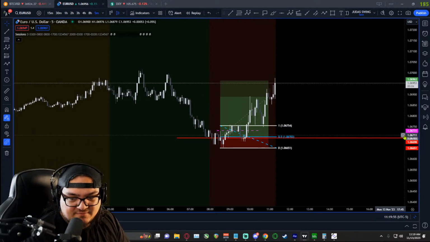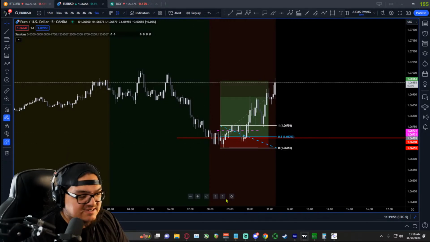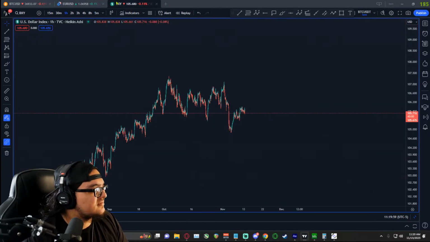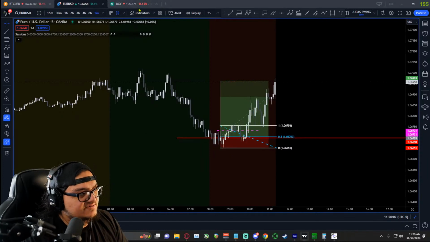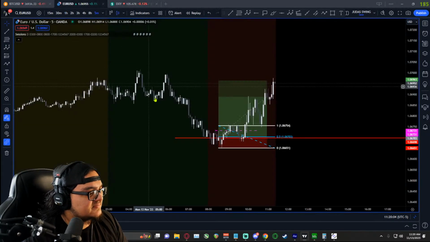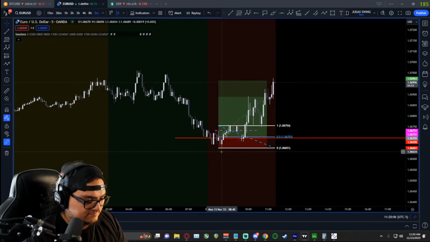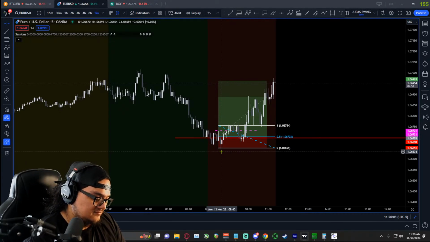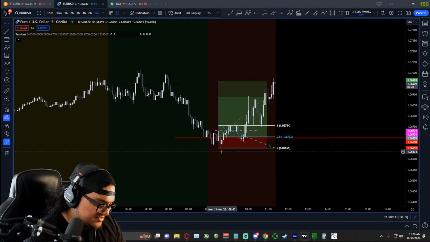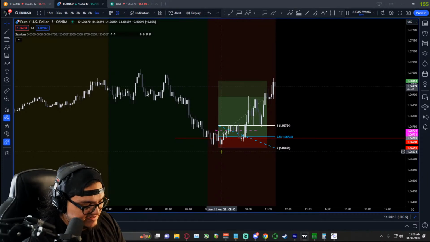I would be willing to bet DXY topped. Possible, Joe. It's possible. Yeah, I just need to hit one more retracement trade, and we're gonna be doing good.